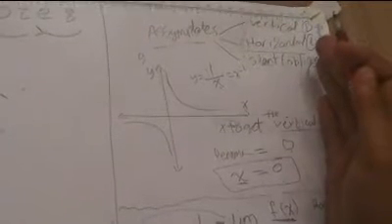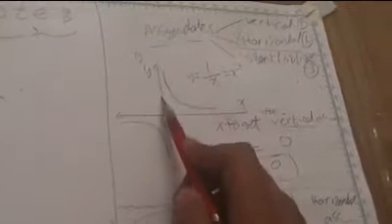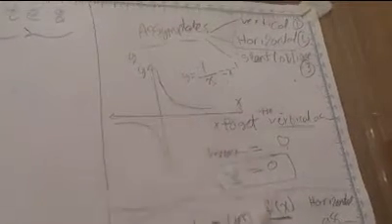Here, the y-axis, or this line, x equals 0, is a vertical asymptote for this function, y equals 1 over x. Why? Because the function tends to this line from the right and tends to this line from the left.